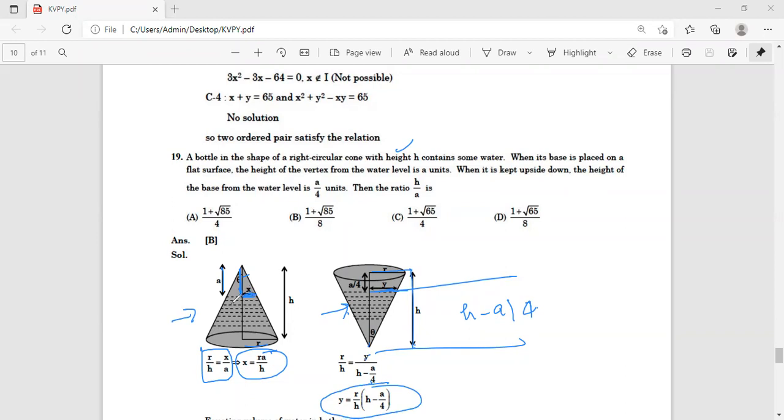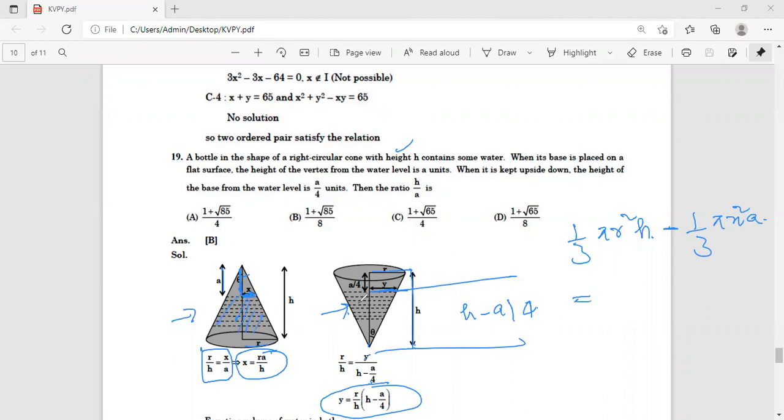So what is the volume of the water here? 1 by 3 pi r square h is the total volume, minus the empty portion 1 by 3 pi x square a. This is the volume of water.